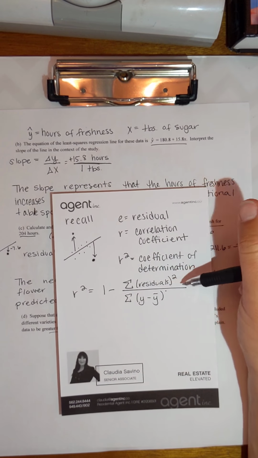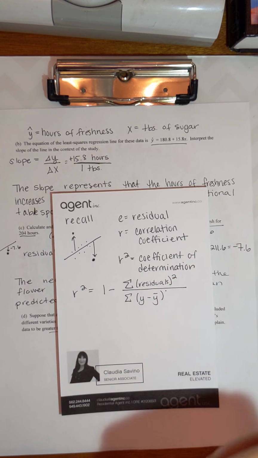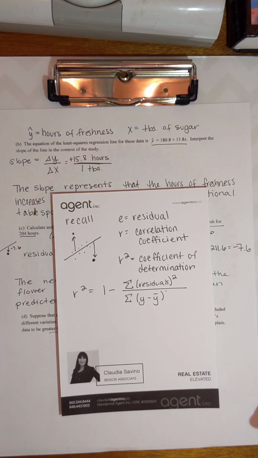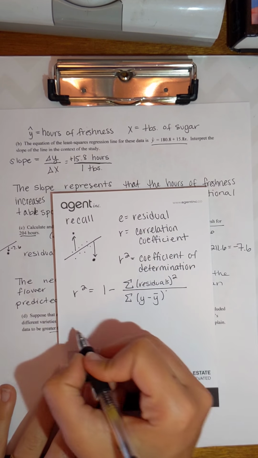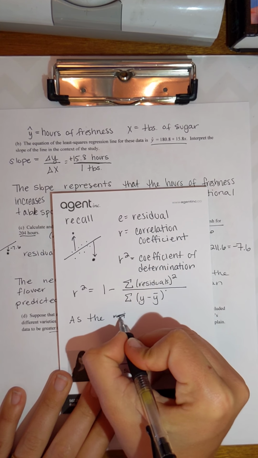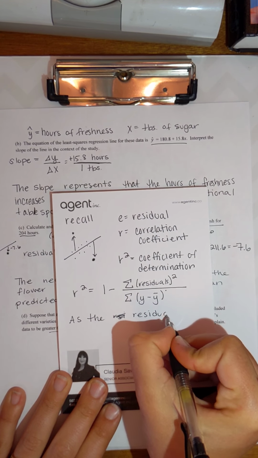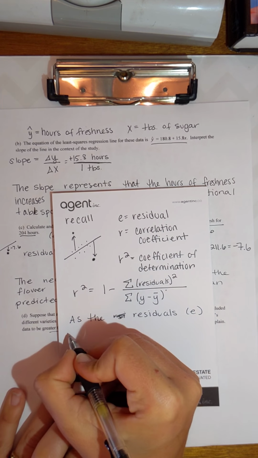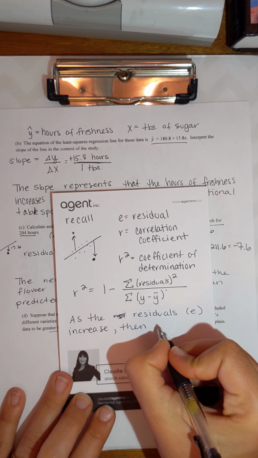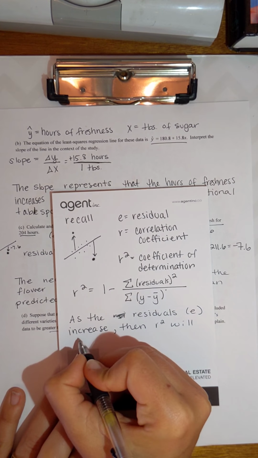And what that's going to do is when I get my residuals squared, it's going to change my information. Now, it's more likely that a new type of flower is not going to match the behavior of the carnations. So in general though, we could just say as the residuals, which is E, increase, then we'd expect R will decrease.